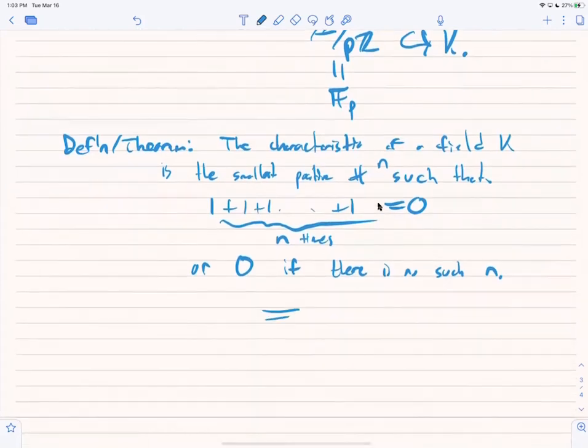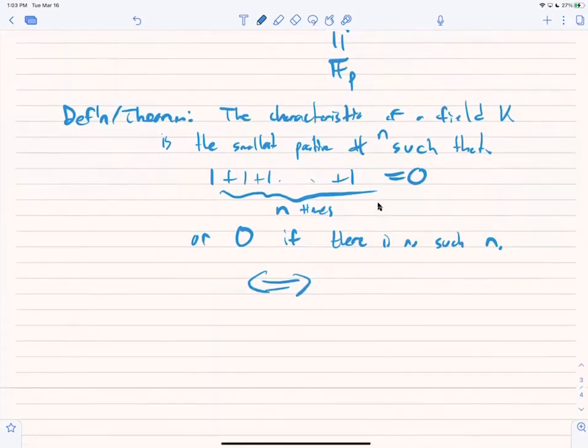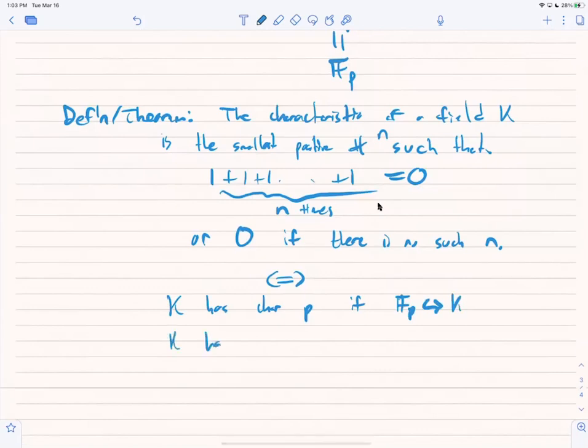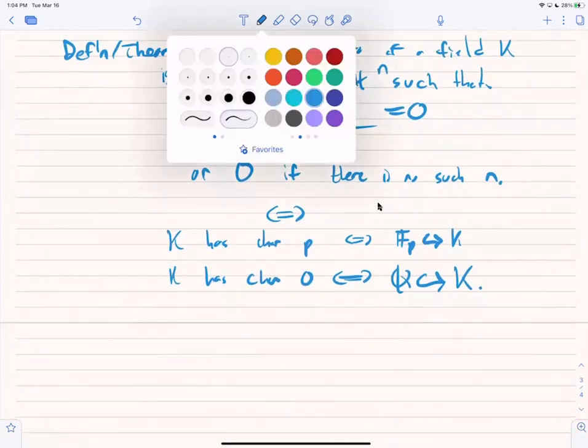So this is equivalent to saying a field K has characteristic P if F_P embeds into K, and saying K has characteristic 0 is the same as saying Q embeds into K.